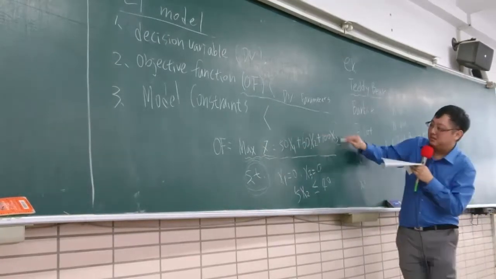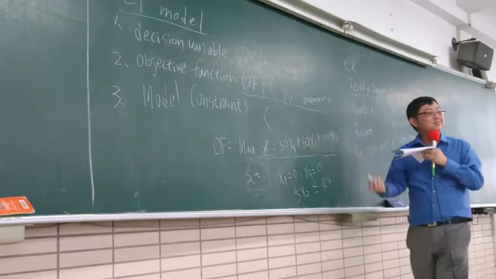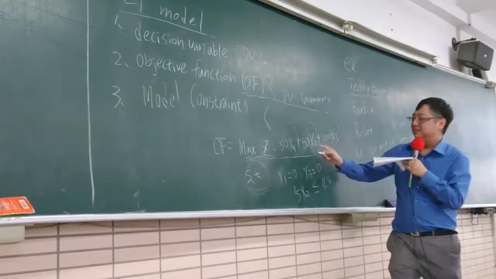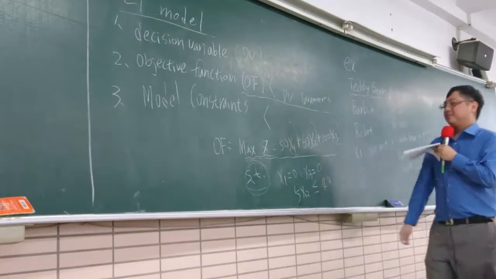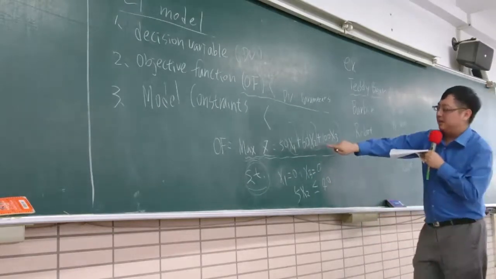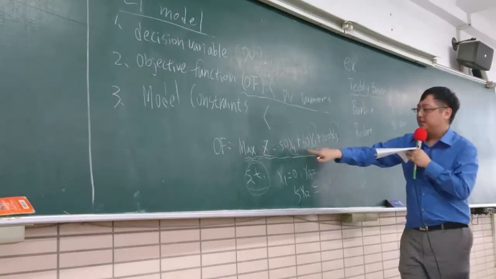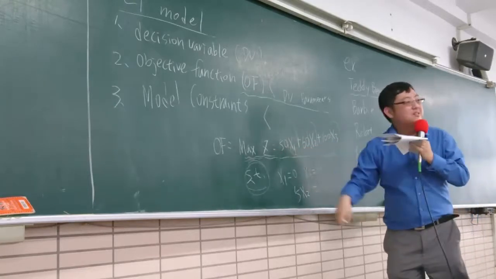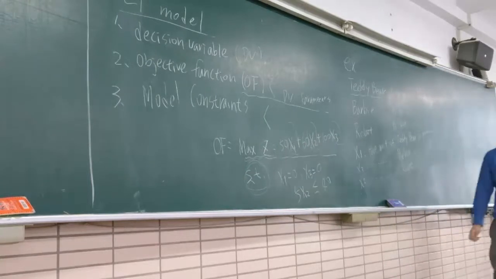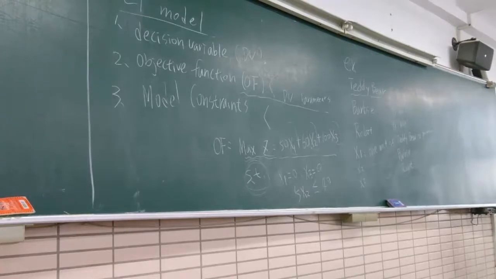And these are decision variable, 决策变数. And the number given, coefficient, 计数这些词, we call parameter. Okay?